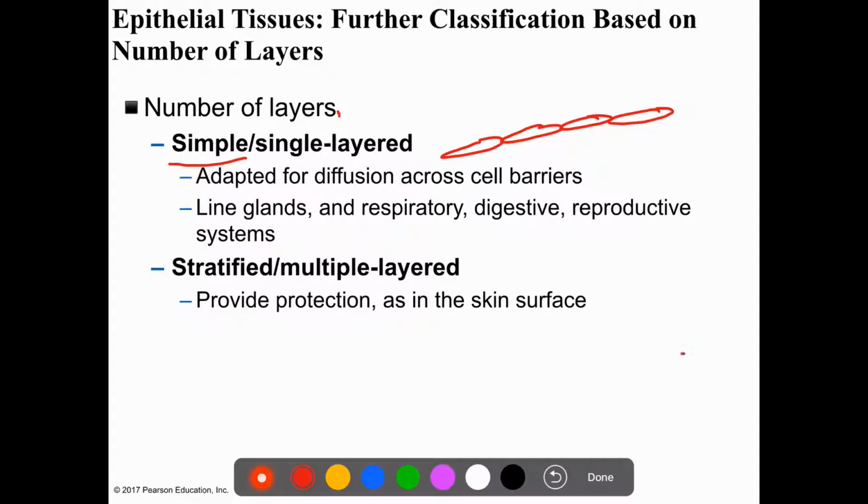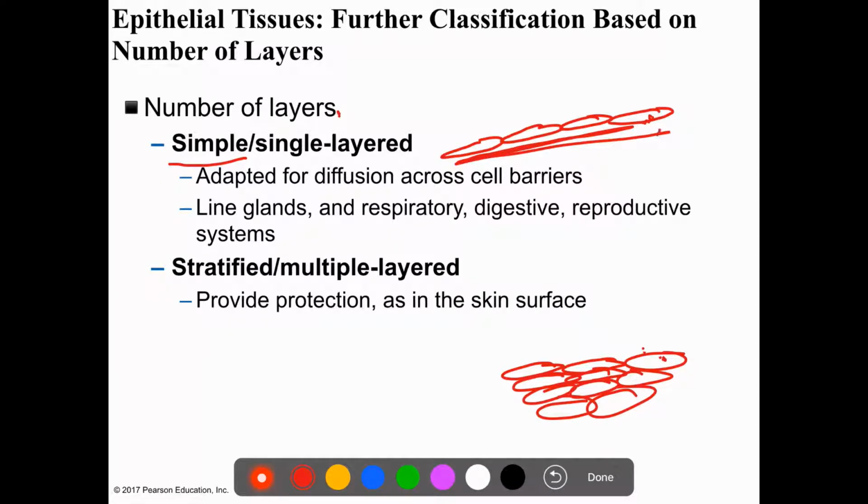But if it is more than one layer of cells, remember, all of these are epithelial cells. If they are one layer of epithelial cells, we call them simple. And if they are more than one layer of epithelial cells, we call them stratified cells.